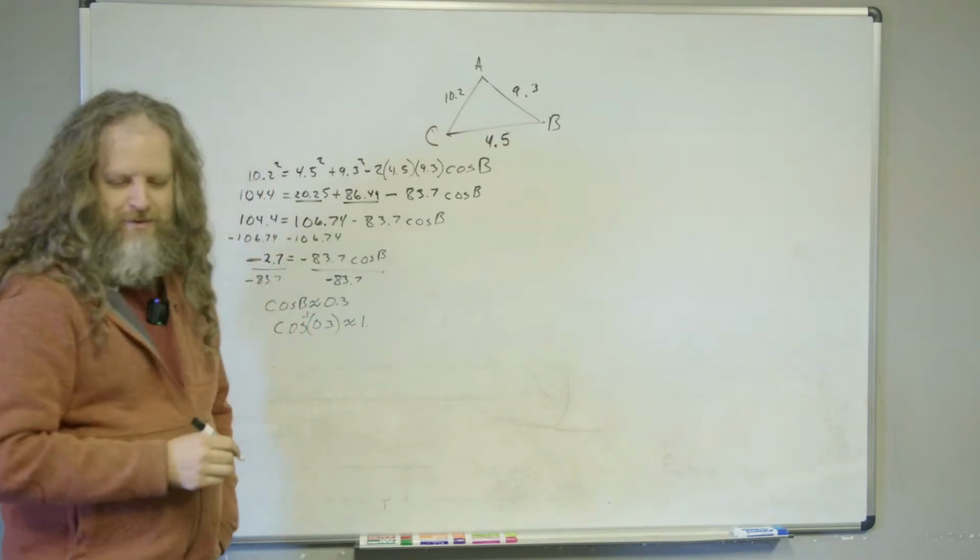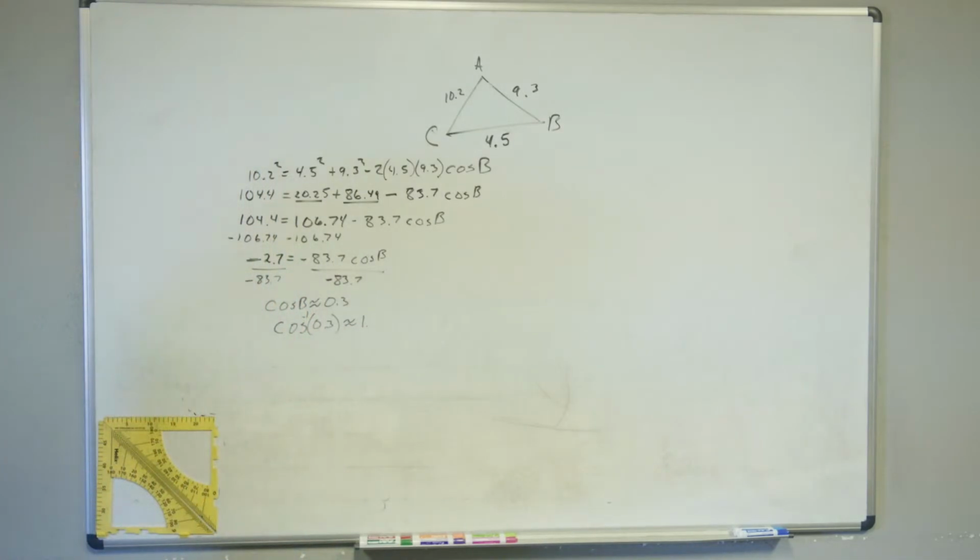There's no way that's right. 2.7 divided by 83.7, enter, 1 over 31.